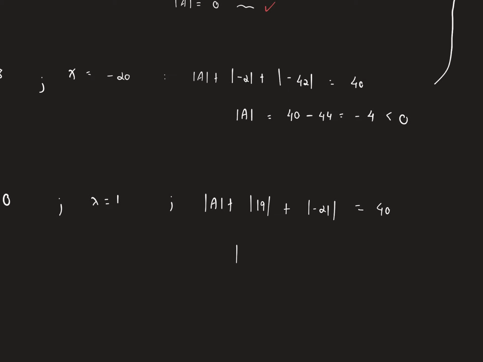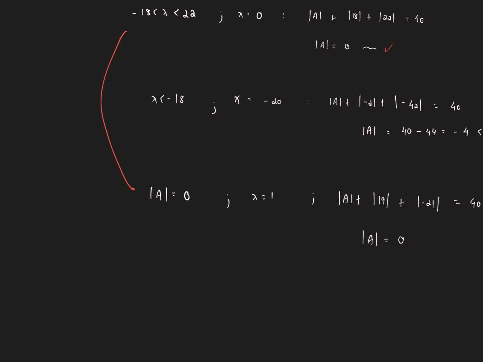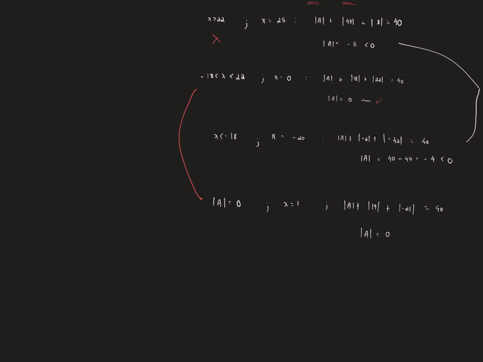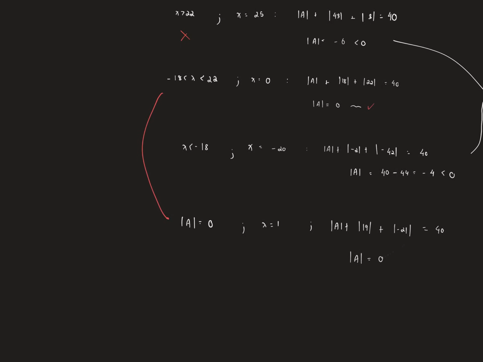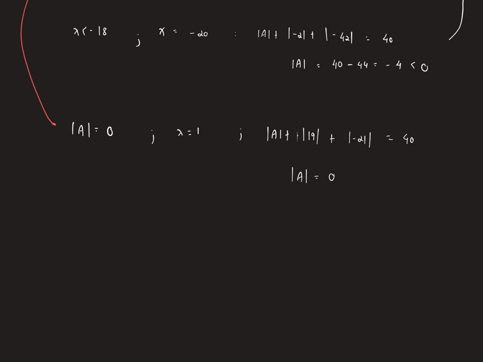As you can see here, absolute a would also be 0 as when I substitute x as 0. So not only must x be between negative 18 and 22, but absolute a must also be 0.